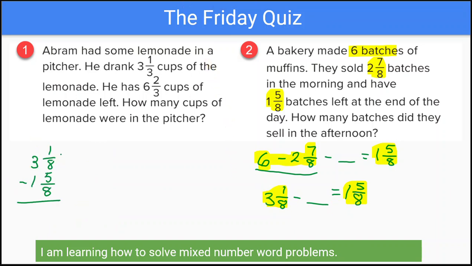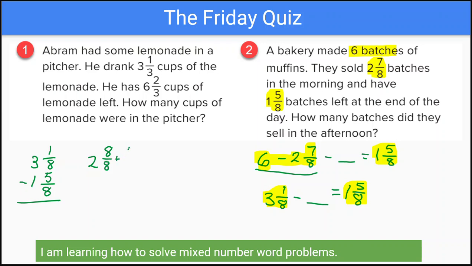So here we have it, 3 1/8, take away 1 5/8. Now, I have 1/8 here, take away 5/8. Can you do that? If I had 1 banana, could you take 5 away from me? No. So we're going to rename this 3 right here. That 3 is really going to become 2 8/8. That's the same thing as 3, right? 2 and 1.